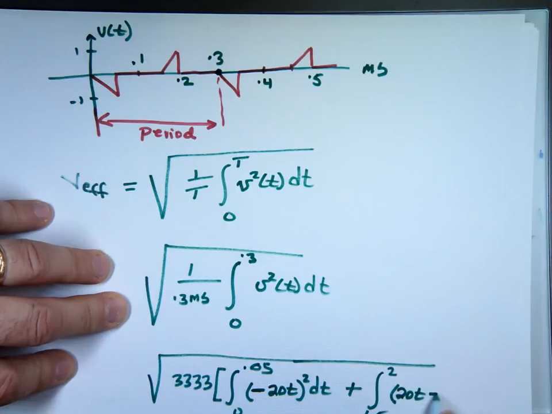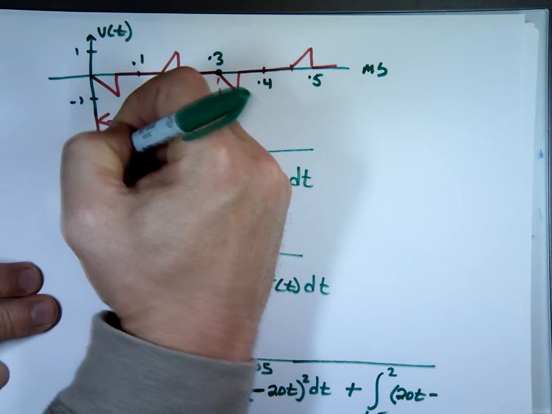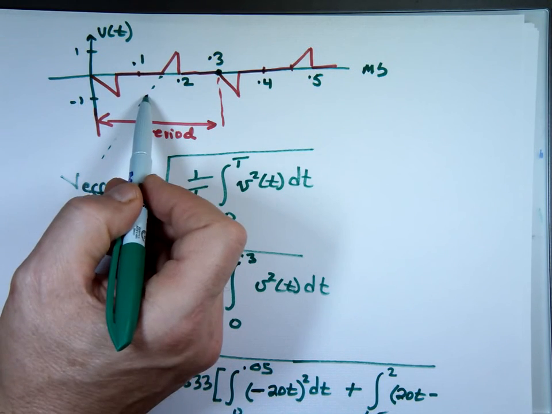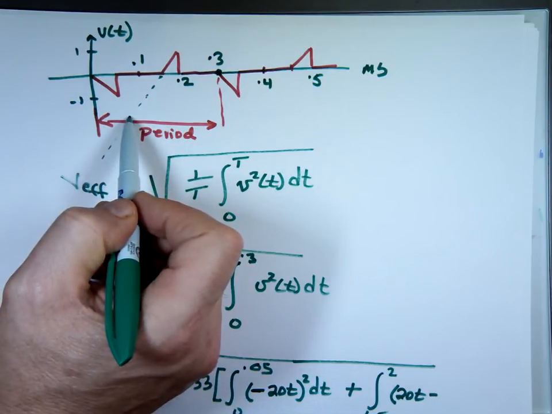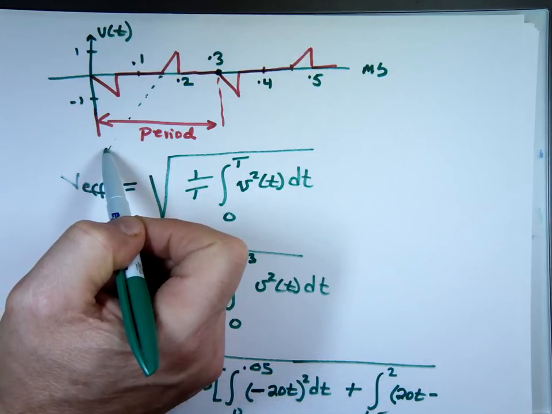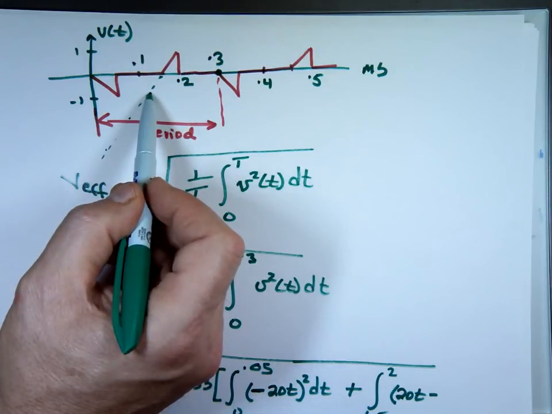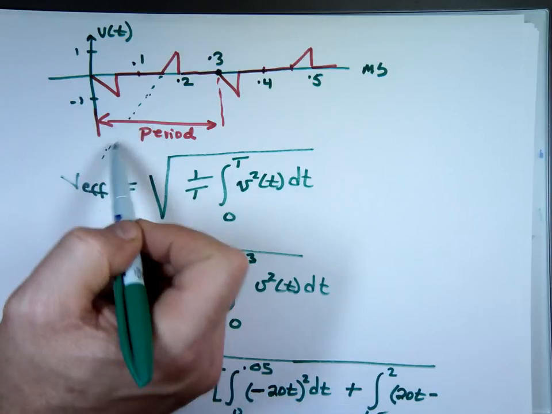I need the y-intercept. Where does it intercept the y-axis? So every time you go 0.05, it drops down 1. This is a minus 1. This is a minus 2. Is that a minus 3? Is that what you got, minus 3? That's minus 1, minus 2, minus 3.